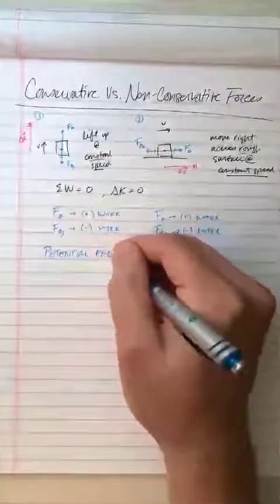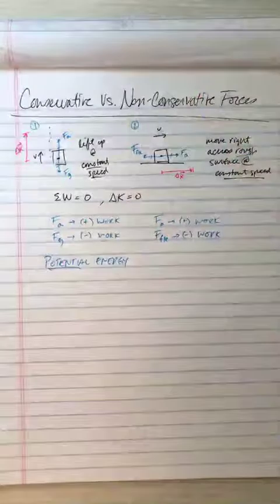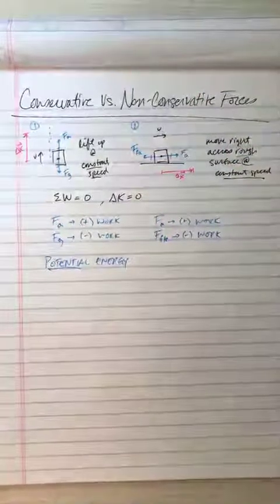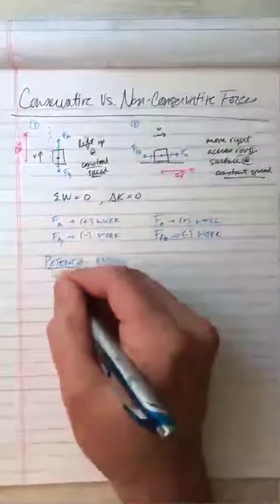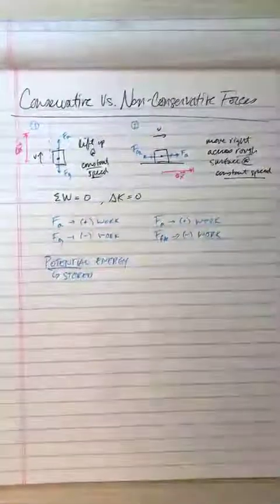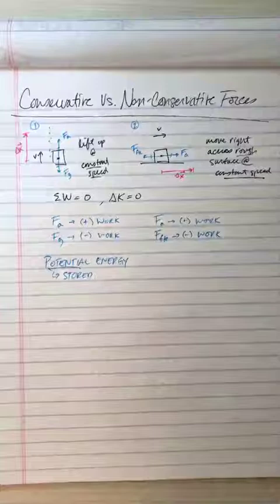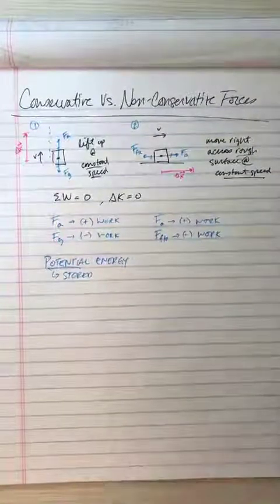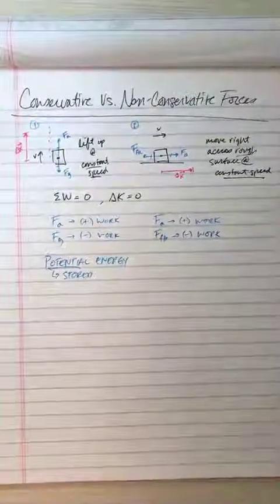And the reason we know that is because if I lift the box and then let go of it, it's going to fall back down to the earth, and it's going to convert that stored energy back into kinetic energy. So we know when we do work to lift a box, we're storing some energy based upon the positioning of the box now in a gravitational field.